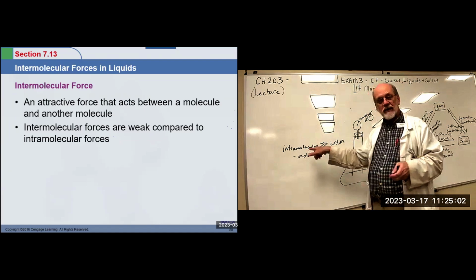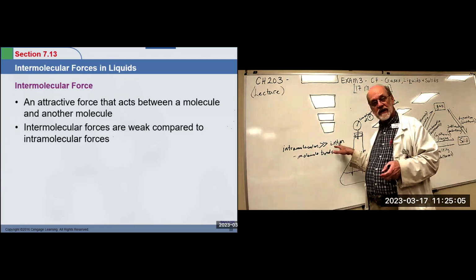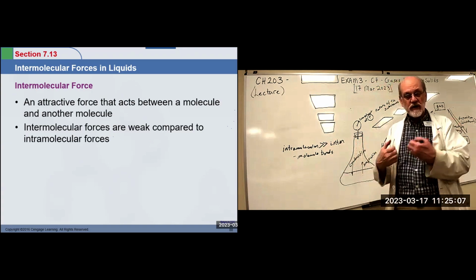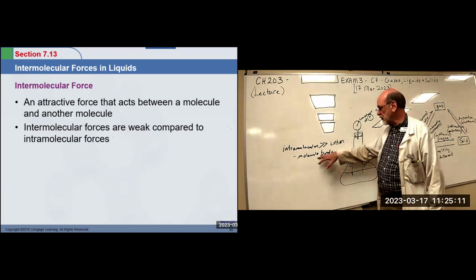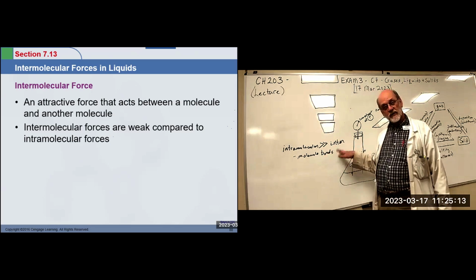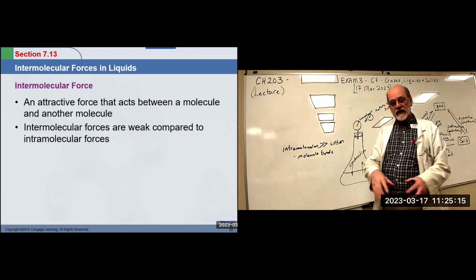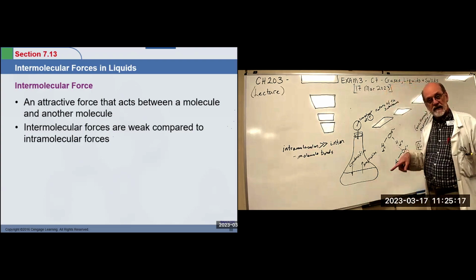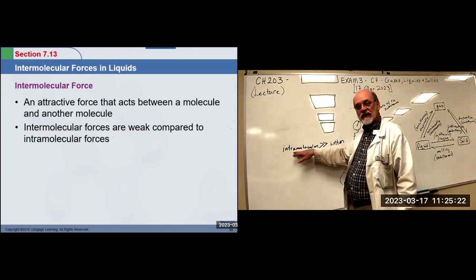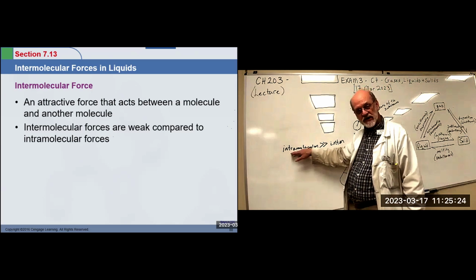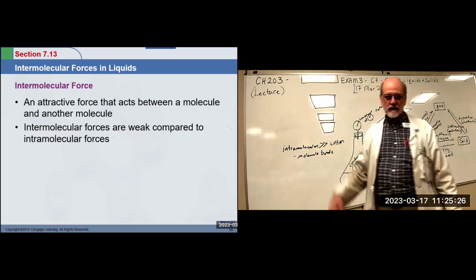If the intramolecular forces were weaker than the intermolecular forces, then when a molecule approached another molecule, they'd just rip each other apart because these forces of attraction would be so much greater than the intramolecular forces, they'd overcome the bonds. So if the molecule is going to stay intact, then the intramolecular forces, the bonding, must be greater than the intermolecular forces.